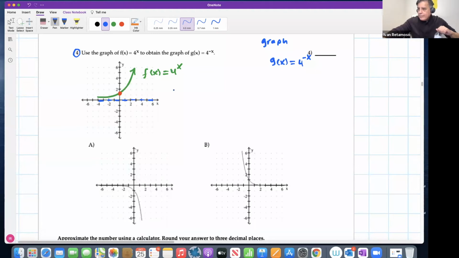If you figure it out, let us know. The hint is right. This negative sign tells you reflect about the y-axis.